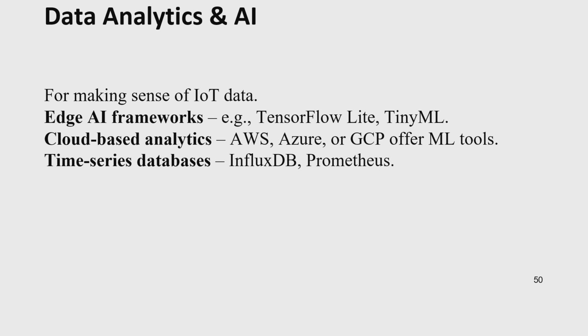So edge AI frameworks, for example, TensorFlow Lite, TinyML. Then cloud based analytics is there, that is AWS, Azure or GCP offer ML tools, and time series databases, InfluxDB and Prometheus. So these data analytics and AI tools are also there. They can be connected with IoT devices.